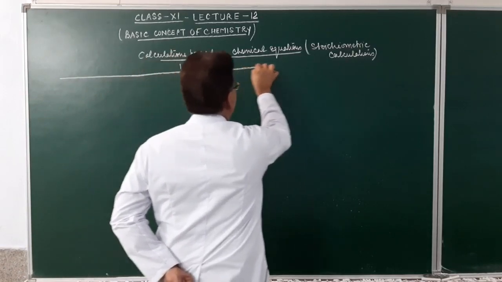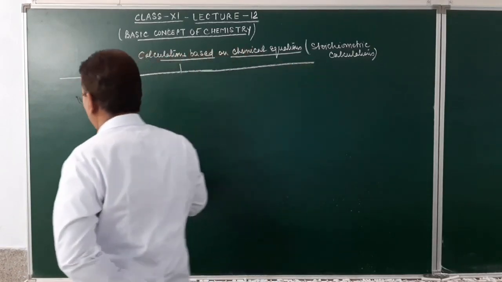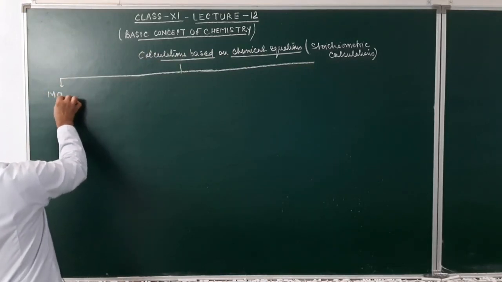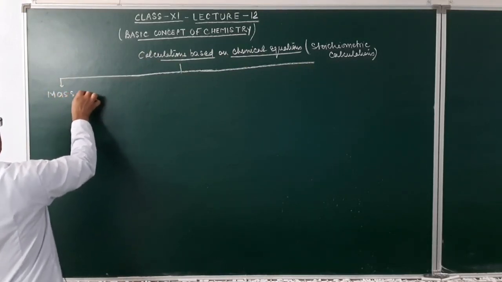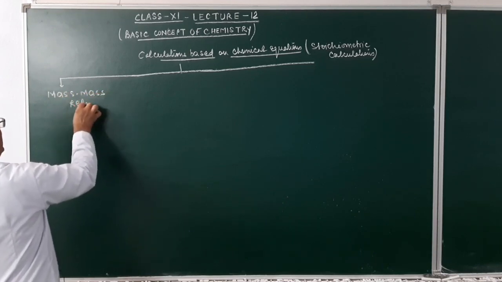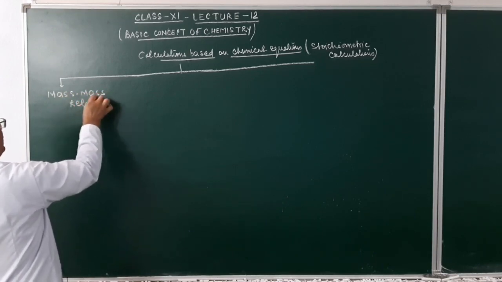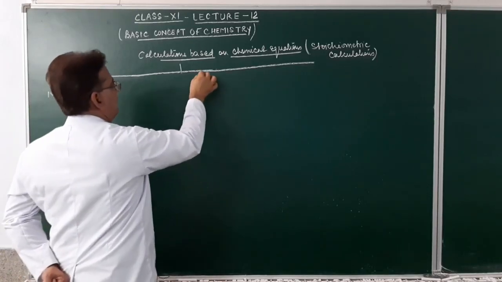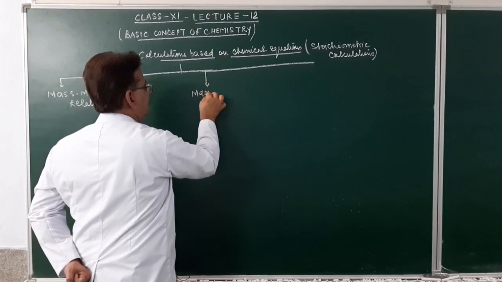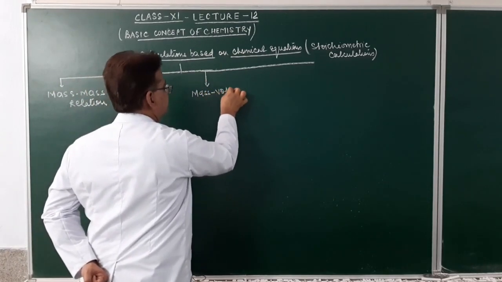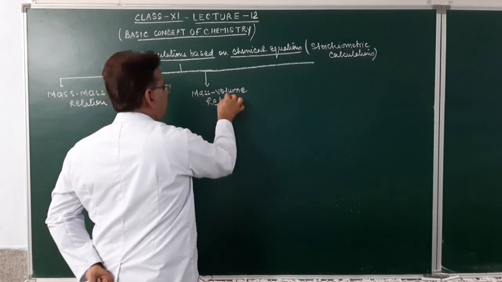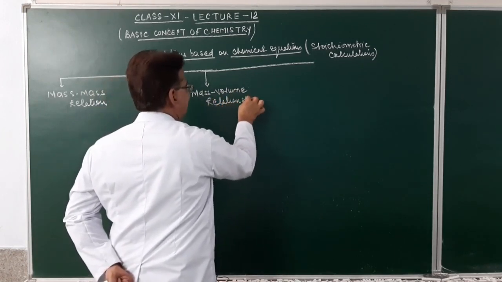These are the calculations based on mass and mass relationship. Am I clear? Remember, we did this in class 11th also, in the 10th also, mass-mass relationship. Second will be the mass and volume relationship.